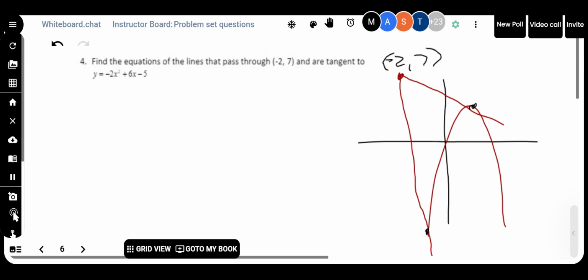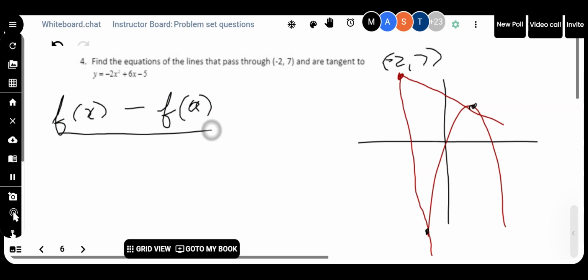First of all, I want you to think back to first principles. When we were doing first principles a while back, before we got to the shortcuts, I said to you there may be a good reason why we're looking at the first principles method. One of the approaches to first principles, if you remember, was where we took f of x minus f of a, and then we looked at the limit as that thing got smaller and smaller.